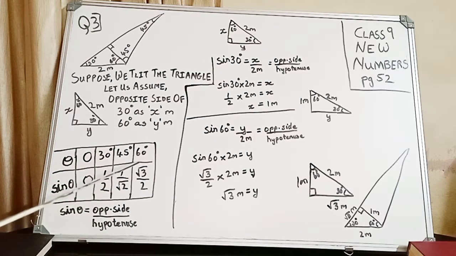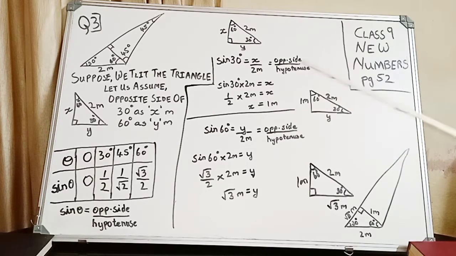Sine 60 is root 3 by 2. So this table you need to learn by heart and this formula: sine theta is equal to opposite side divided by hypotenuse. So let's come back to our example. Provided you have already learned these things by heart, we will move forward.